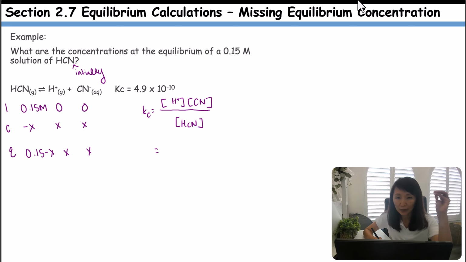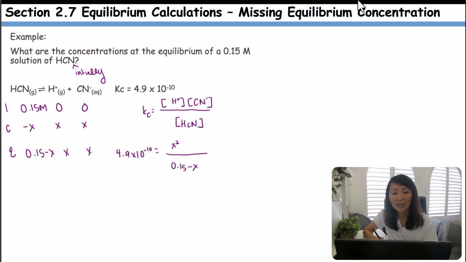Then we're going to go ahead and plug in all these values. Here's x squared, because this is x and H is x and CN is x as well, all over HCN, which is 0.15 minus x. And now we have on the left side 4.9 times 10 to the negative 10. Now, when the Kc value is very low like this, then we are going to ignore this minus x.